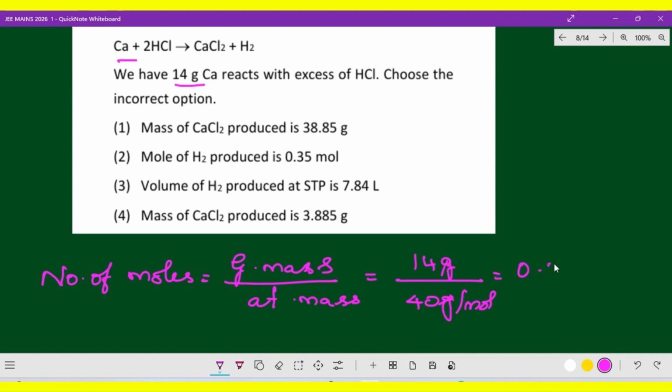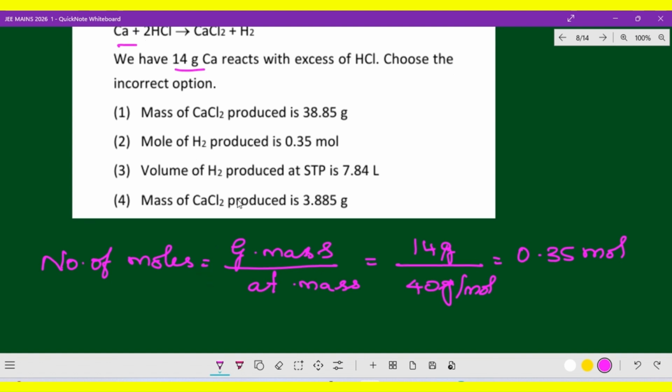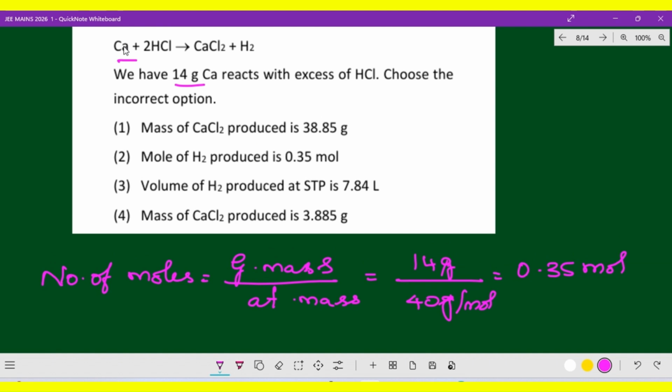It is 0.35 mole. In this equation, 1 mole of calcium produces 1 mole of hydrogen. So the moles of hydrogen produced is 0.35 mole. Exactly, it is correct.